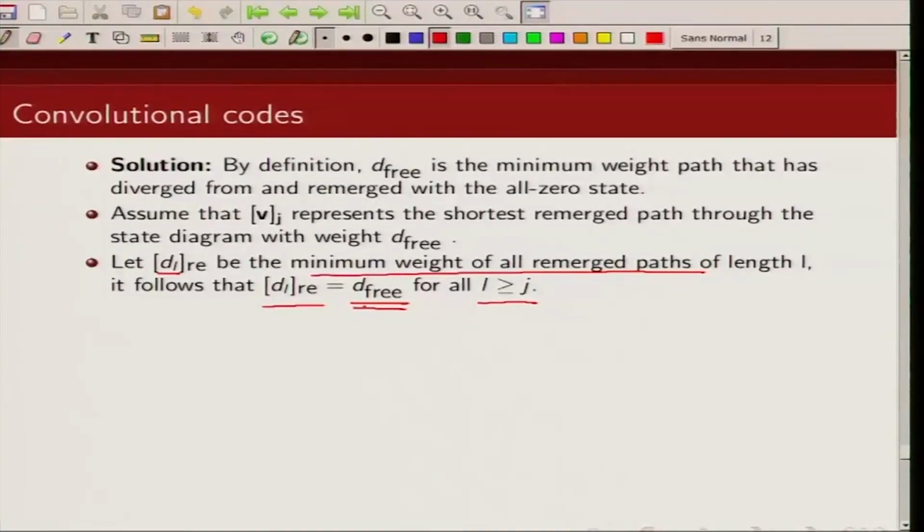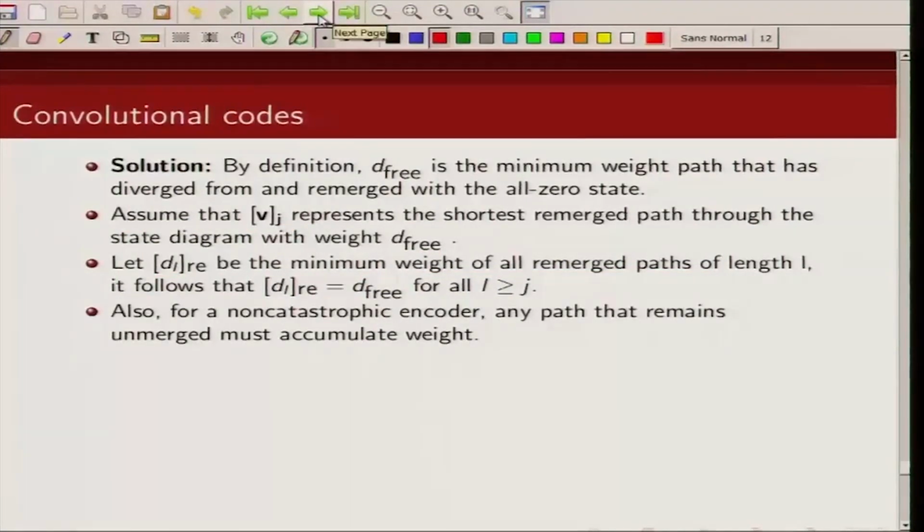Why is this so? Because we have said that for time equal to j, that is the shortest re-merged path through this trellis diagram, which has weight equal to the free distance. So, if we take any time larger than that, of course, we will have a re-merged path having minimum distance d free.